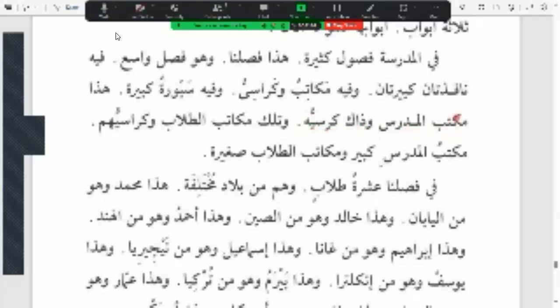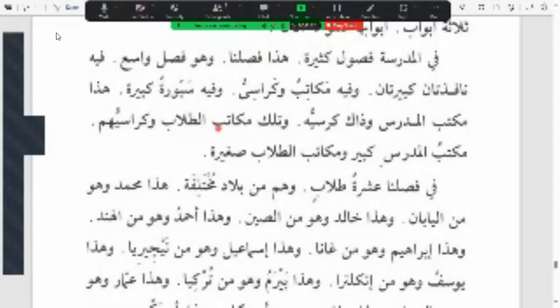Remember, this is mudaf and mudaf ilayhi, so it's maktabu mudarrisin, because this is mudaf and mudaf ilayhi. Wa dhaka, you can say wa dhalika or wa dhaka. Kursiyyuhu, so this is his chair, attached to the pronoun huwa, referring to the chair. To his chair, and that is his chair.